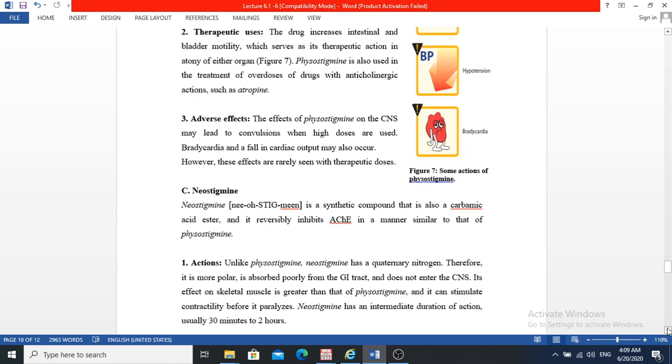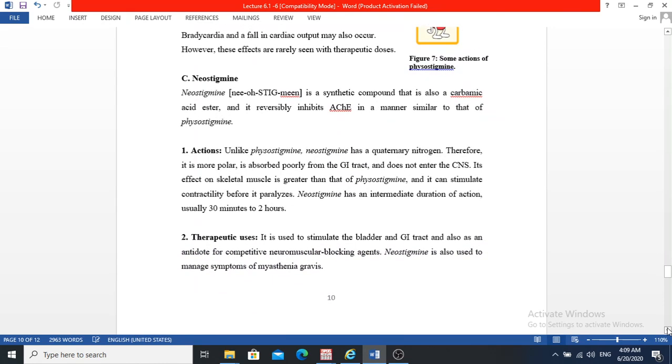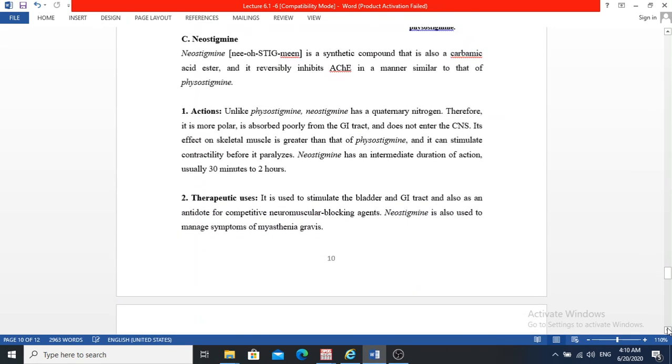Neostigmine is a synthetic, not natural, compound that is also a carbamic acid ester. It reversibly inhibits acetylcholinesterase, similar to physostigmine. But now let's come to this point.